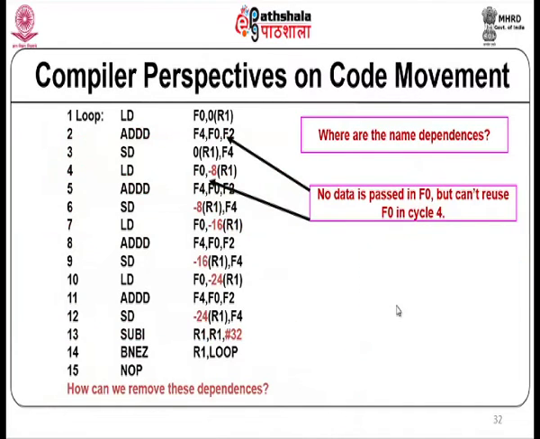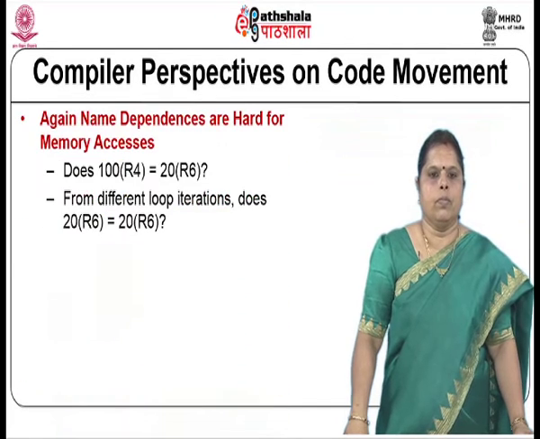For example, here you find that if you are using the same register, it will give rise to a name dependence. The first load instruction writes into F0, and if the second load instruction also writes into F0, that will give rise to a name dependence and a hazard, which is not allowed. So, we do a renaming process: instead of using F0, we use a different register, thus removing the name dependence associated with these two instructions and avoiding the hazard.